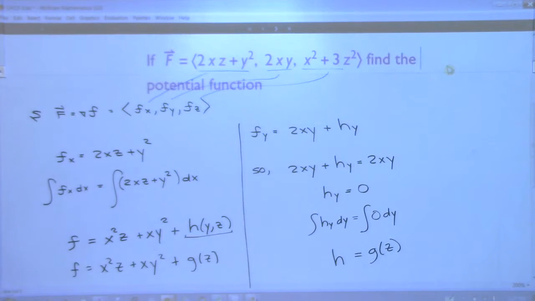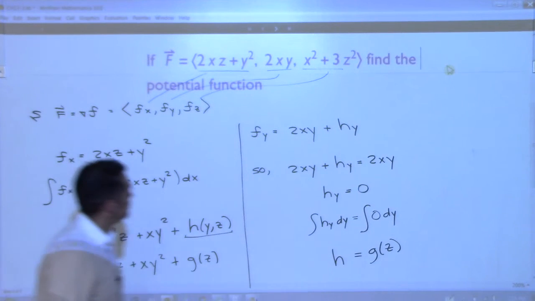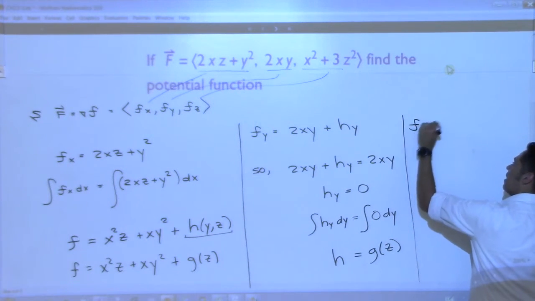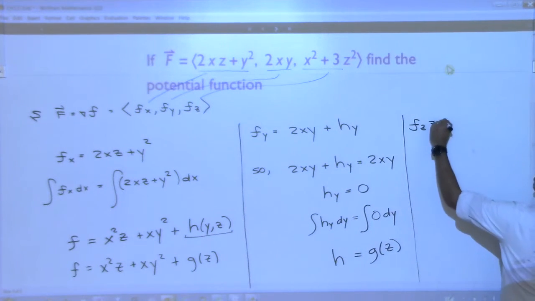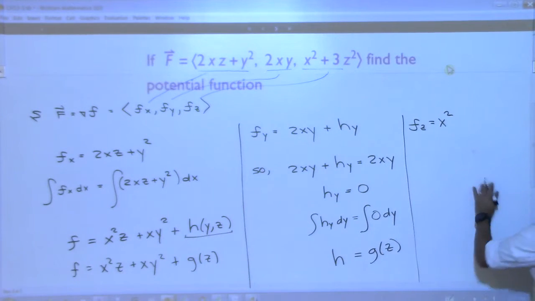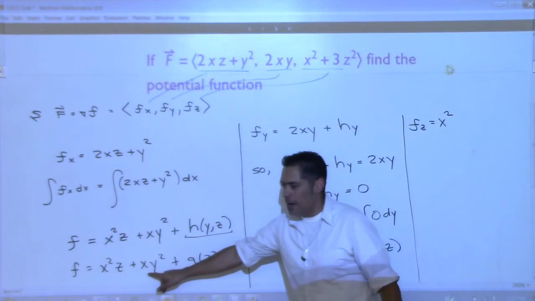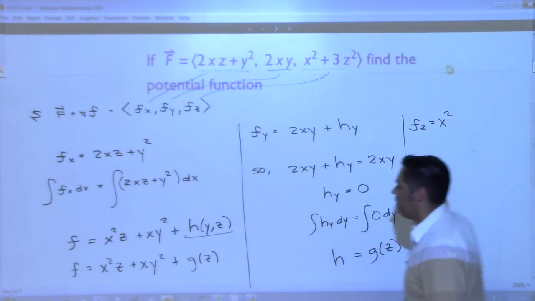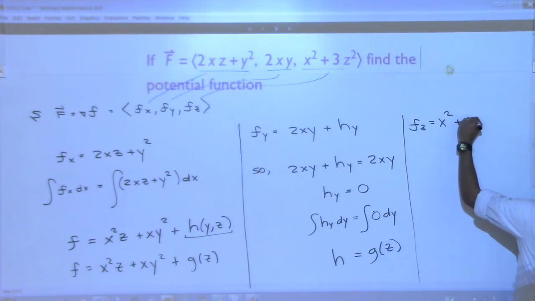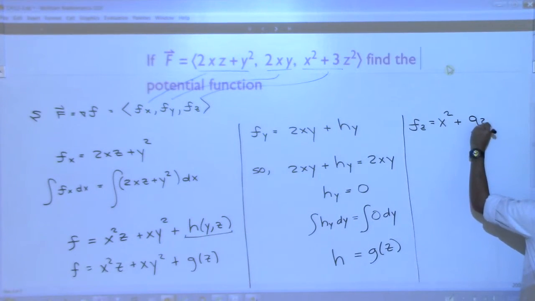And now let's take the derivative of that with respect to z. So what is the partial of that with respect to z? X squared plus xy squared, so that's going to go away, right? 0. So then we have what? Plus partial of g with respect to z, right?